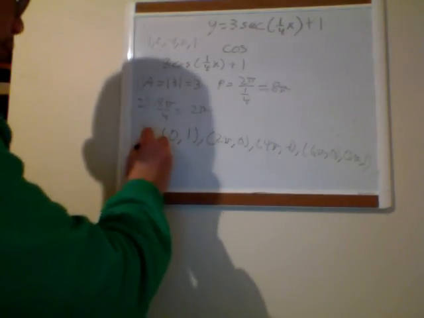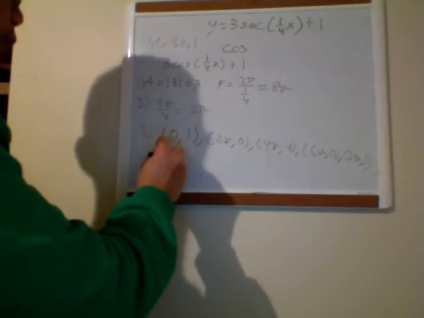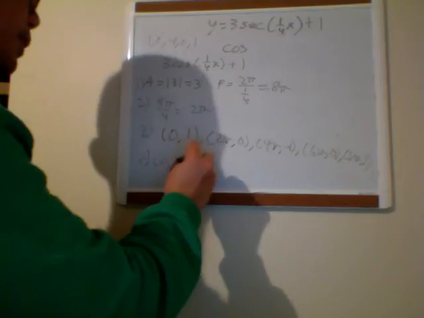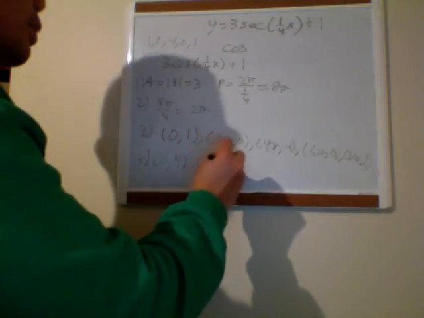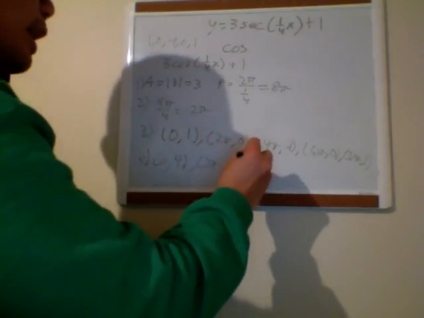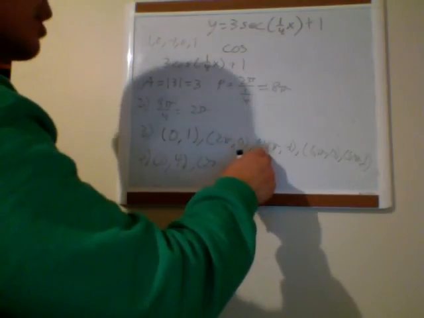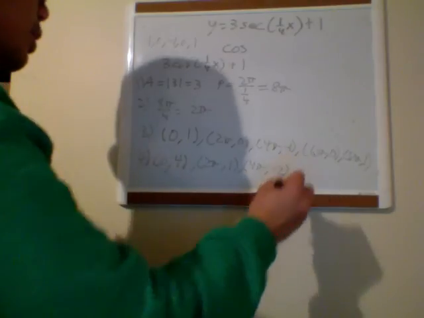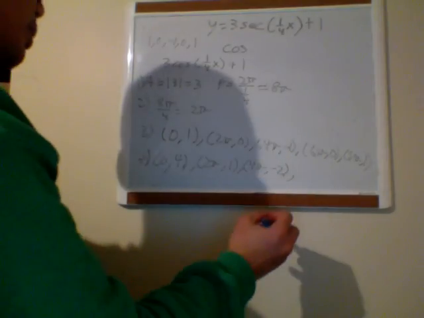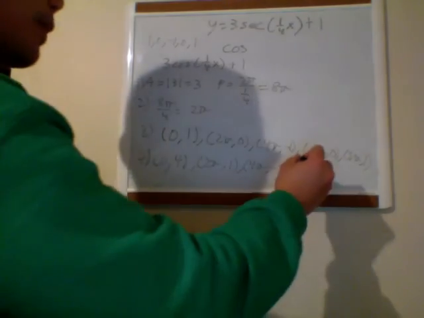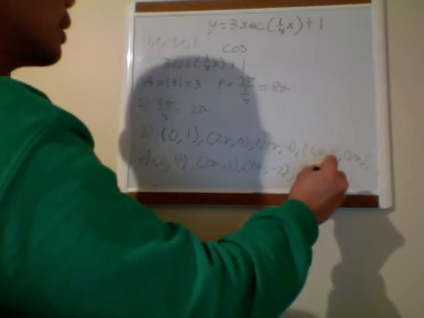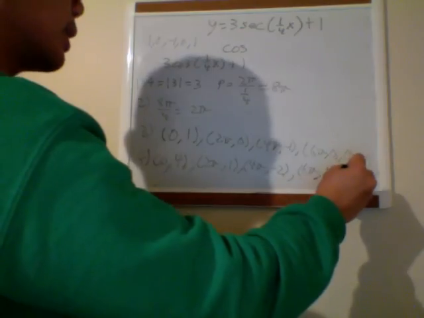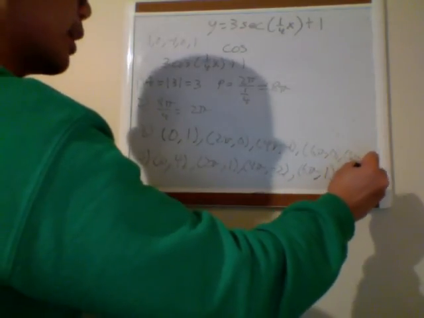So my new points are going to be 0, 4. They're going to become 2 pi, 1. It is going to become 4 pi, negative 2. Hope that's right. Yeah. 6 pi, 1. And then the last point is 8 pi, 4.